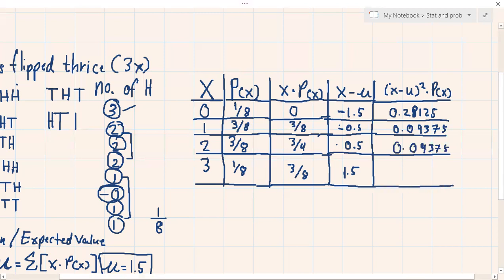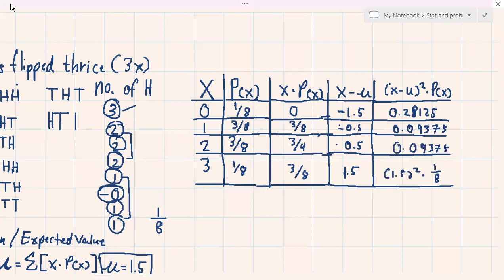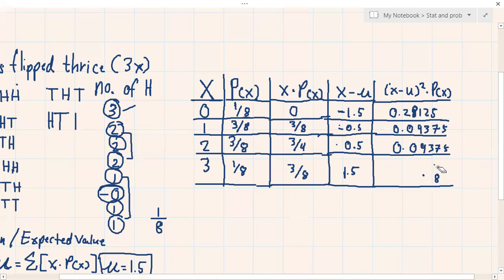And now, last but not the least, we have yung 1.5, square natin siya, times p of x, which is 1 all over 8. So 1.5 squared times 1 all over 8. So this is parehas lang sa unang row, 0.28125. Ayan. So now that's it.